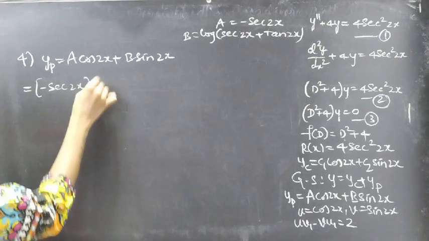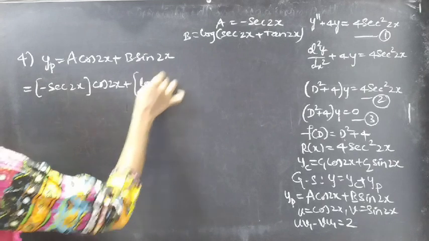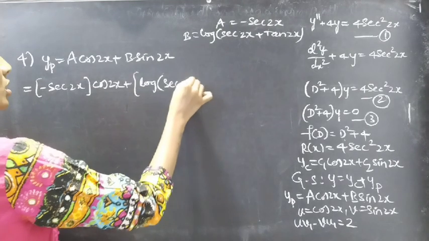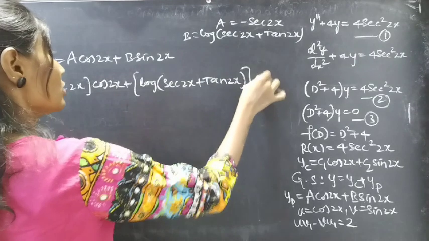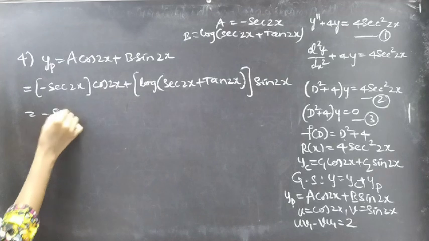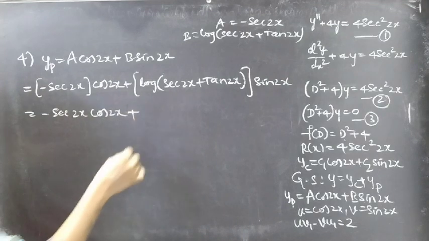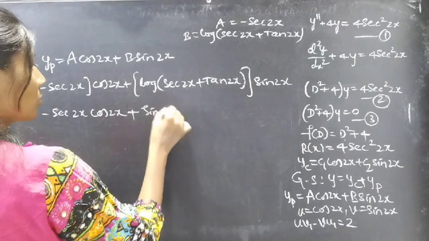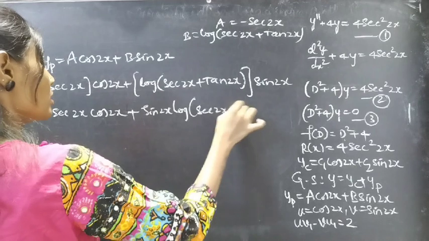Minus secant 2x into cos 2x plus b log of secant 2x plus tan 2x into sin 2x. This gives us minus secant 2x into cos 2x plus sin 2x into log of secant 2x plus tan 2x.